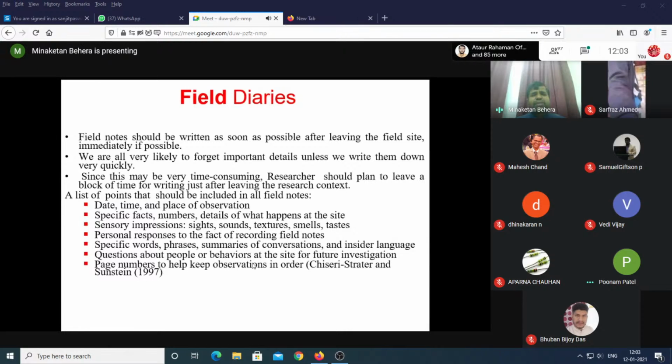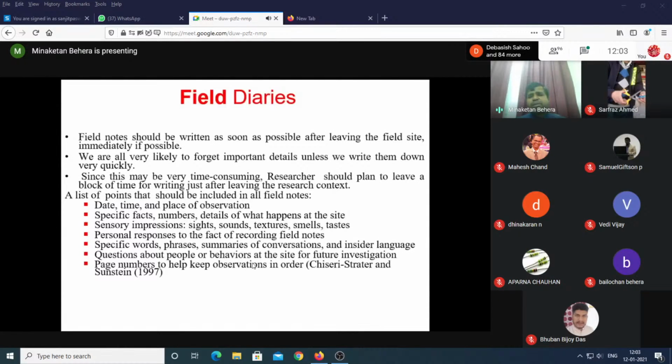Okay, look at the slide. Each visit, time, place of visit, dimensions, number of people, what type of information you collected. If you maintain all this in a field diary, it will give you a great understanding to write and analyze your thesis, and you can explore many dimensions from it.